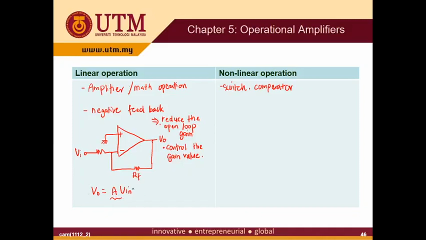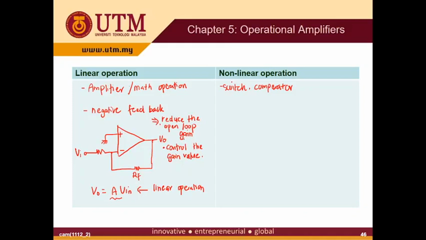So this equation is a linear equation, so this is a linear operation. This is what we discussed in the previous week. The A is the gain for the linear operation, and it is not infinite.